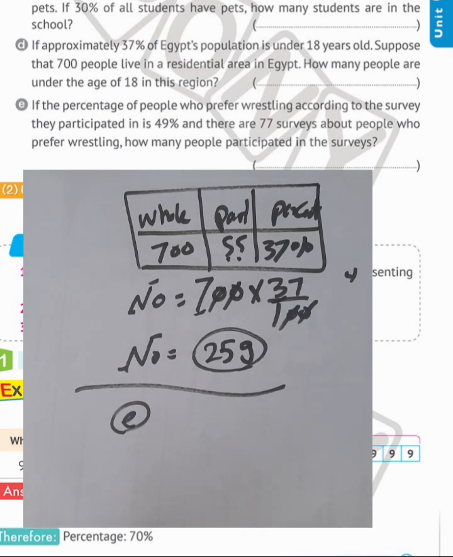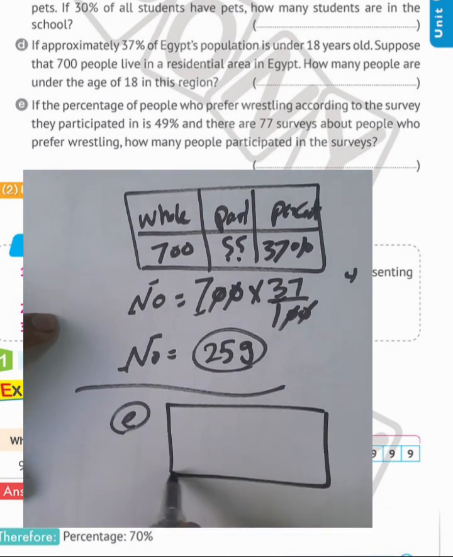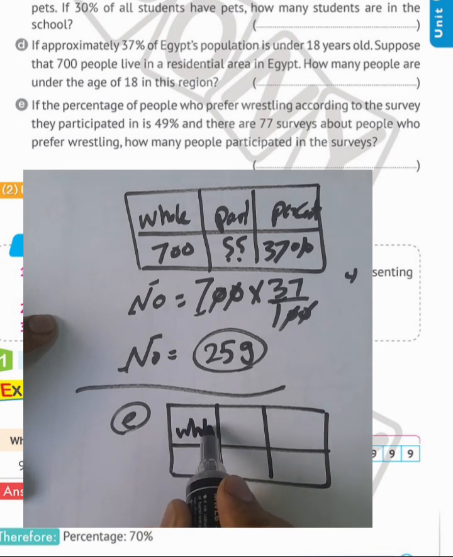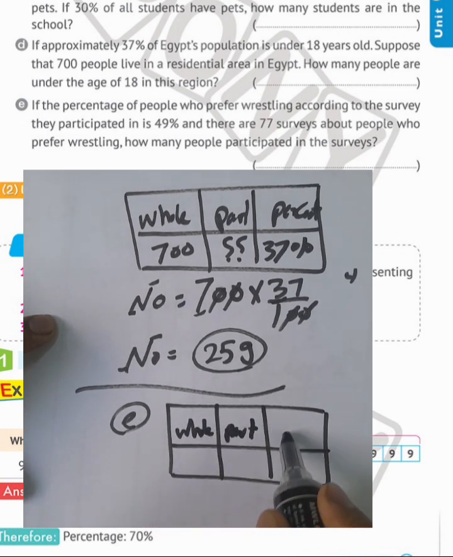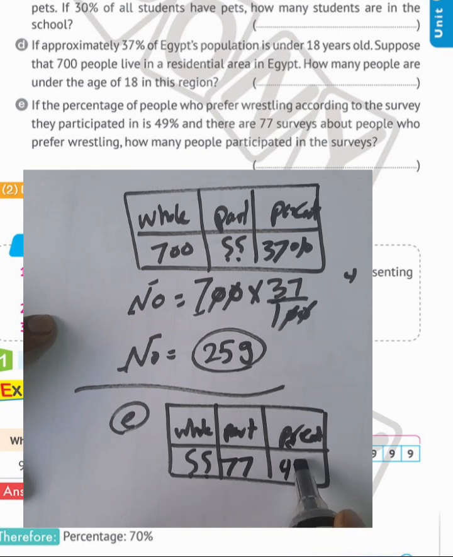He wants us to find the total number, the whole number. Then we can draw this table model and divide it into 3 parts: whole number, part, and percent. Okay, he gave us the part here, 77, and the percentage here was 49%.